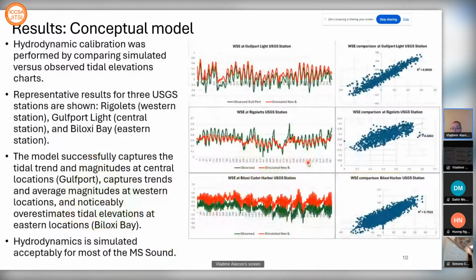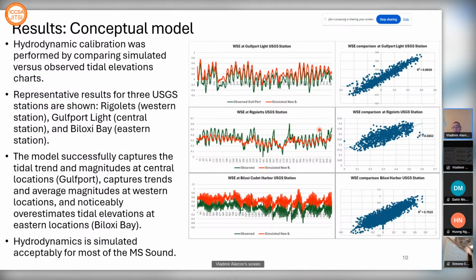We have begun the calibration of the model, and we see that, for example, in the middle of the Mississippi Sound, our model is more or less predicting consistently with observed data, although we are overestimating a little bit. At the Rigolets, we are hitting the mean salinity concentration and also the mean water elevation values. We are missing the maximums and minimums of this hydrodynamic behavior.